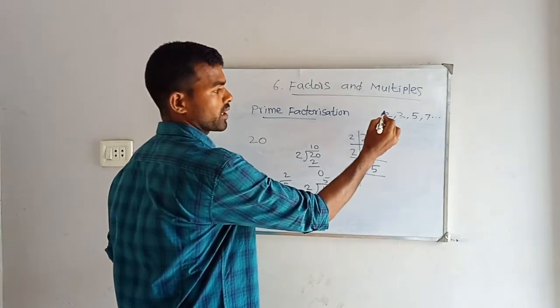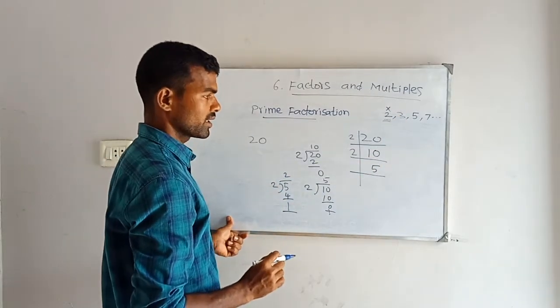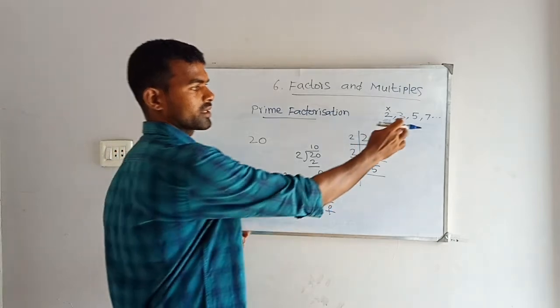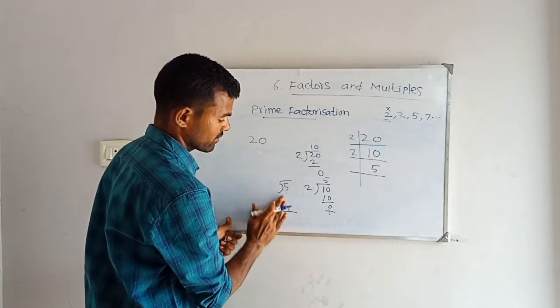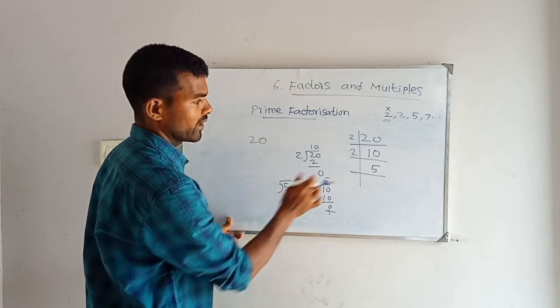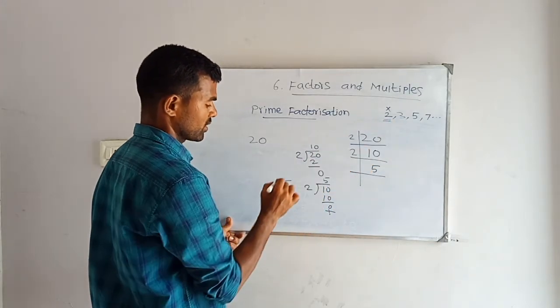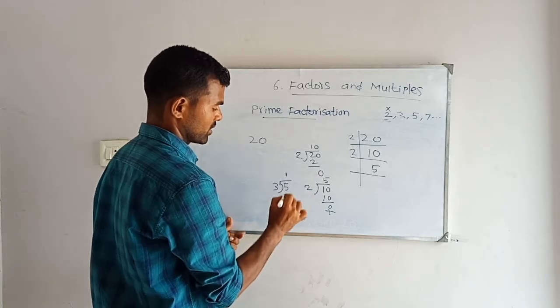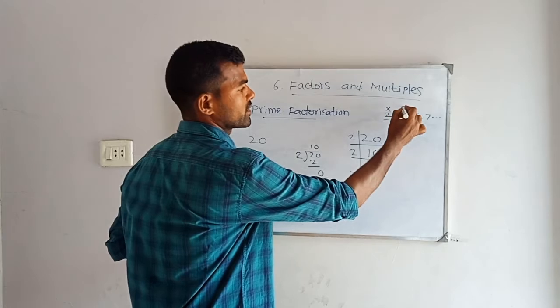So you should not take this 2 and divide. Next, see if it is possible to divide by 3. Take 5 divided by 3. 1 time 3, and the remainder is 2. So don't take 3.